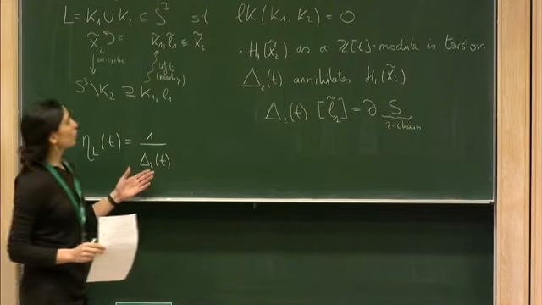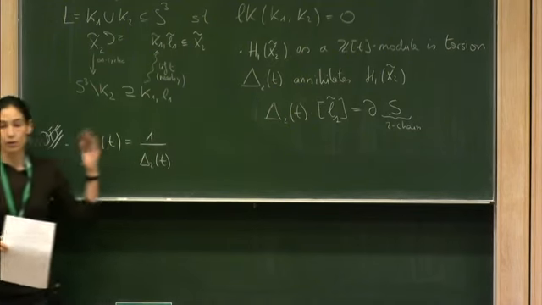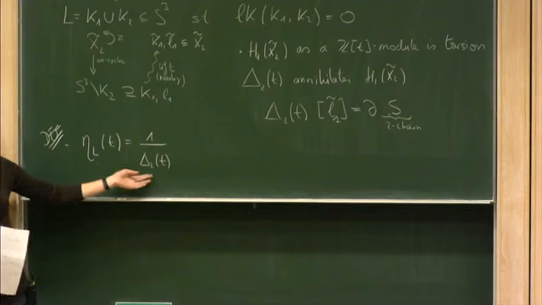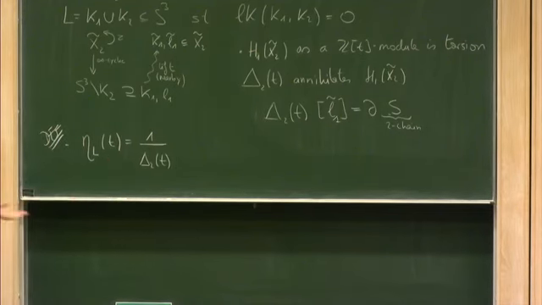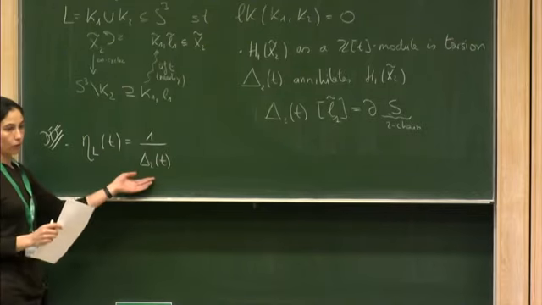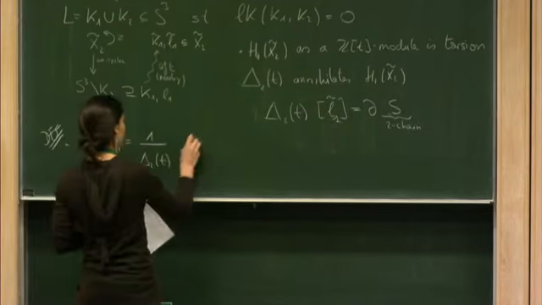And since I am going to talk in a minute about links, you will see that I am dividing by this Alexander polynomial. In the case of knots, they are always non-zero, so I'm in a safe place, but then I will always have to add this hypothesis of the Alexander polynomial of some link not being zero for being able to divide.